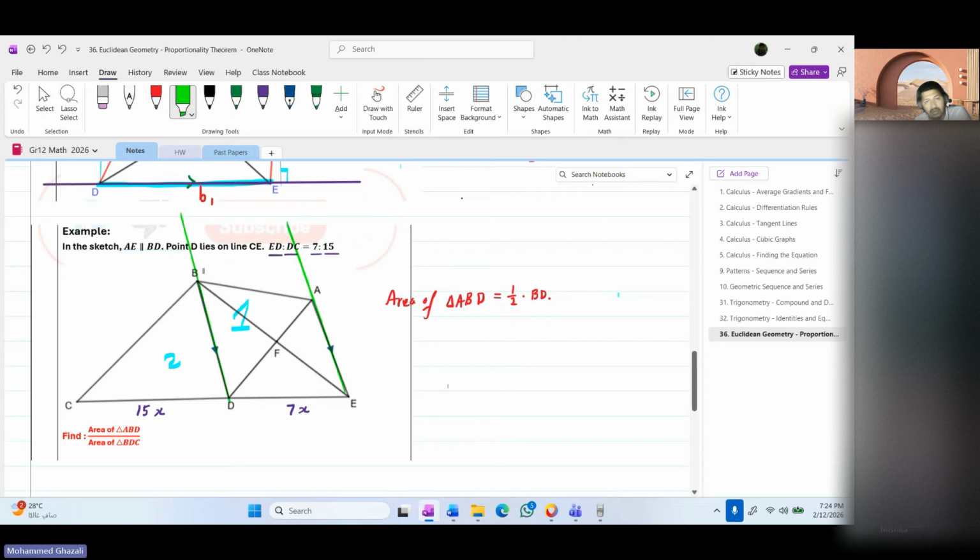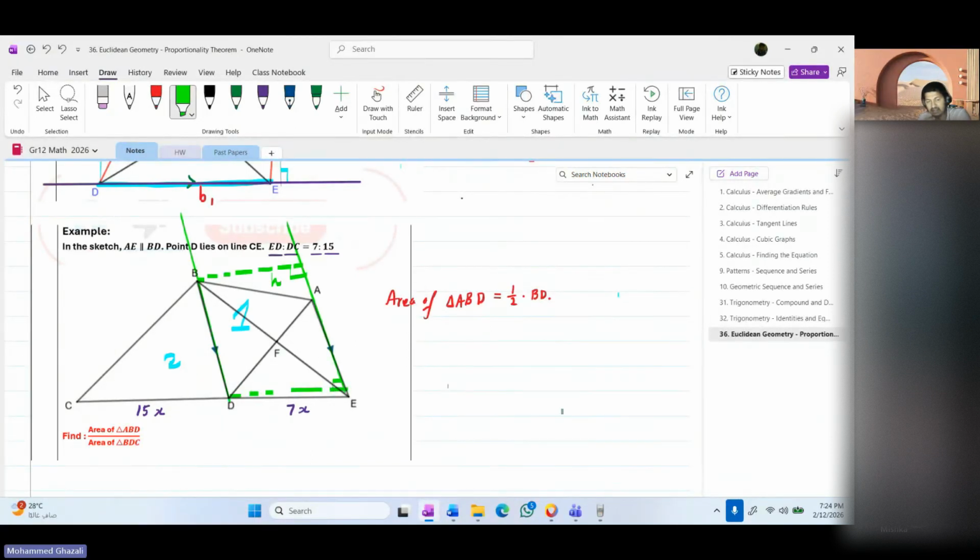Right, so I need an altitude for this side, right? That's a height. And obviously I will have an altitude on this side as well, all right?